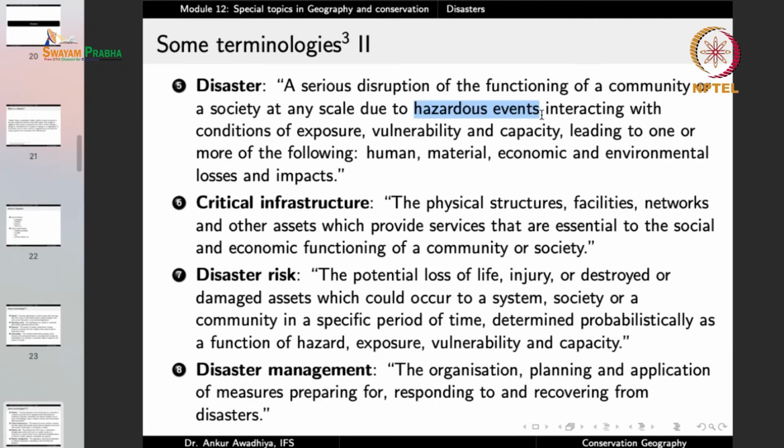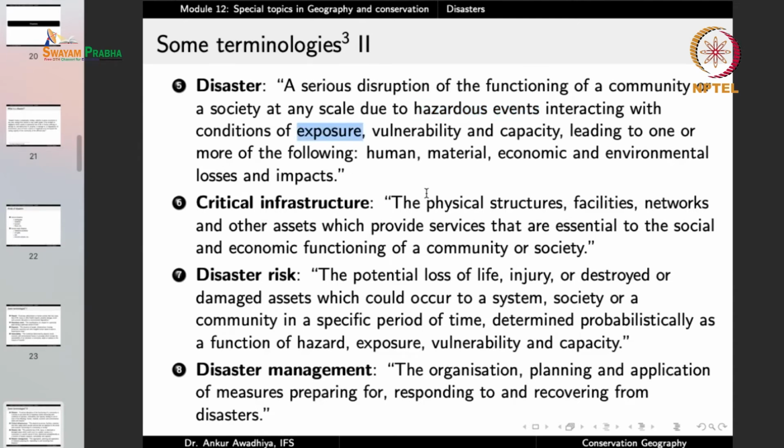For example, if we talk about a situation of flood, and if there is a river that is flooding every year, then we can reduce the hazardous event by, say, building a dam or building good, well maintained embankments, or by creating a wetland so that the water gets stored in an area and it does not result in a flooding. So we can work at the level of the hazardous event.